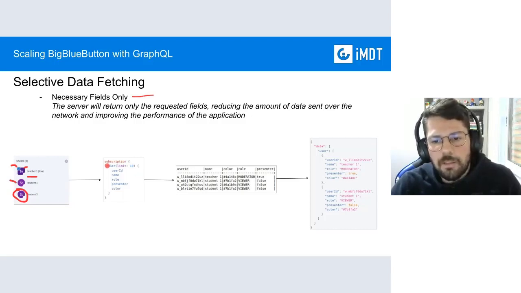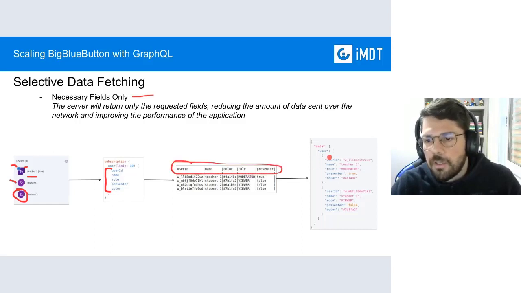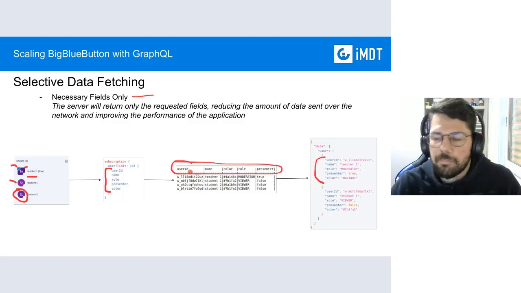And then the client can say, okay, give me only these 5 fields. And then in the database, it will return only these 5 columns. And the final JSON that the client will receive will contain only these 5 fields. So it's much lighter than before, because Mongo used to send all the fields to the client, and now it will be only the necessary fields.